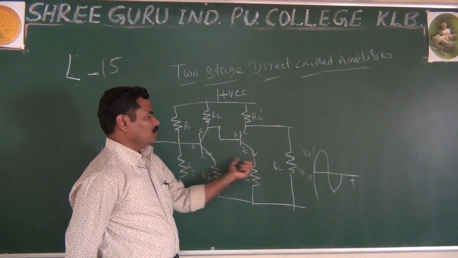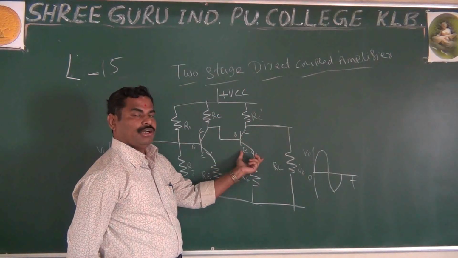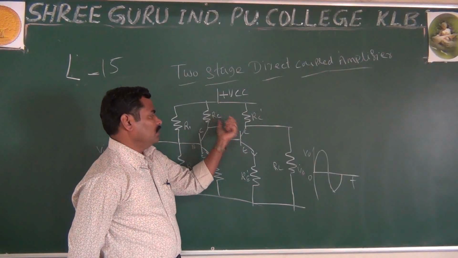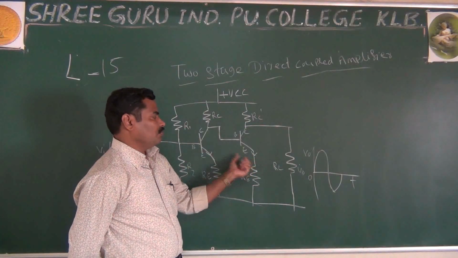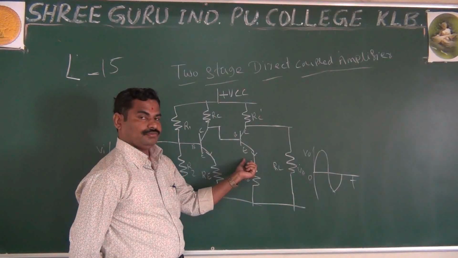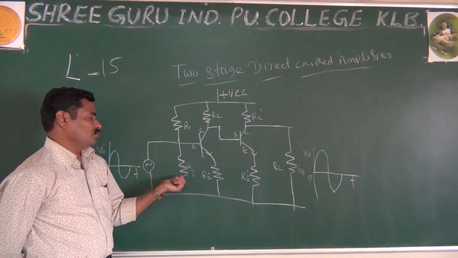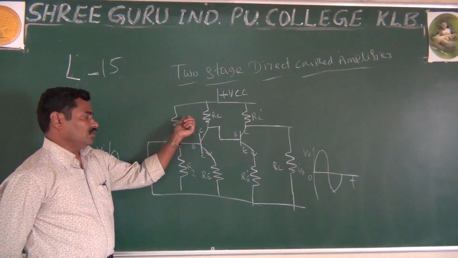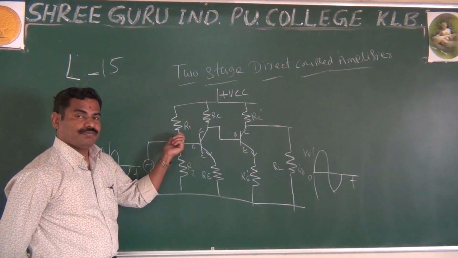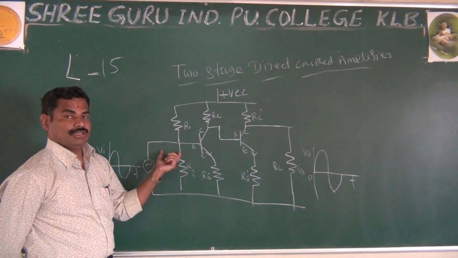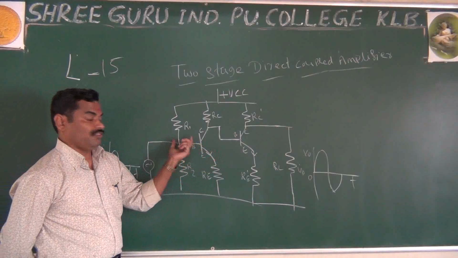You bias the second stage amplifier using base bias. For the first stage, with R1, R2, RC and RE, you are using voltage divider biasing.